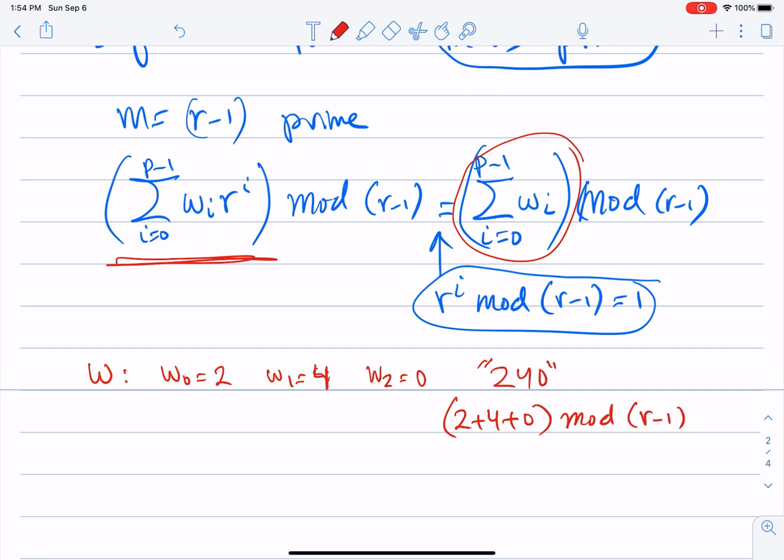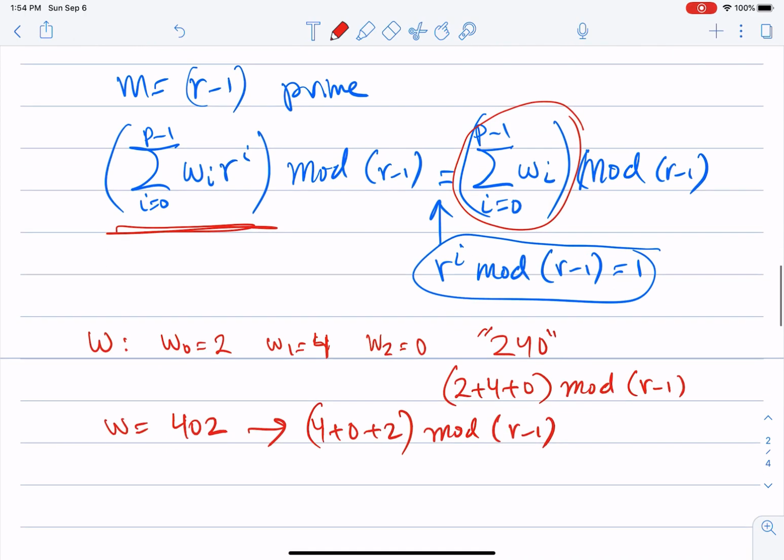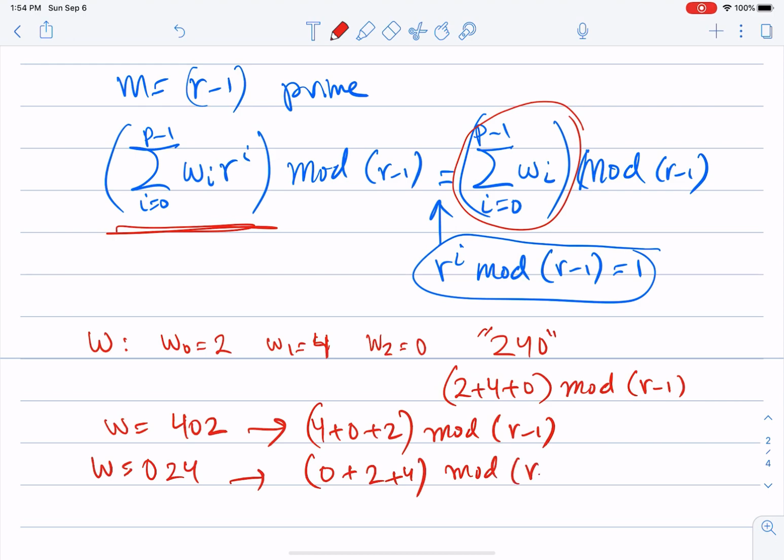But let's look at the string 402 now. What is it going to map to? It's going to map to 4 plus 0 plus 2 mod R minus 1. What about the string 024? It's going to map to 0 plus 2 plus 4 mod R minus 1.